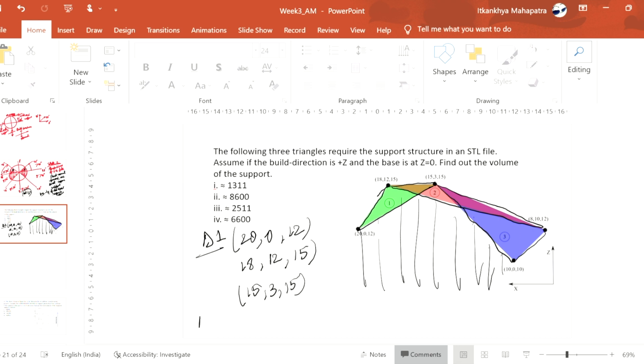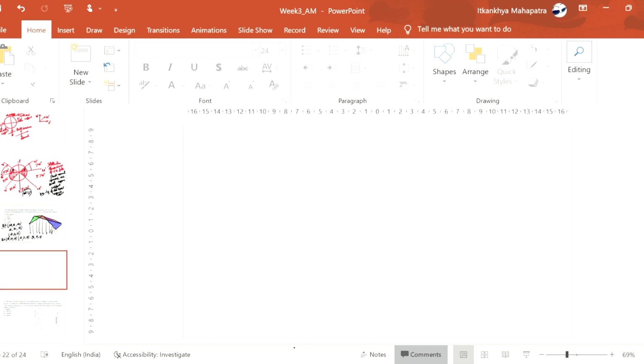Triangle 2, it is 18, 12, 15, 15, 3, 15 and 8, 10, 12. Triangle 3, I'll move on to the next page.